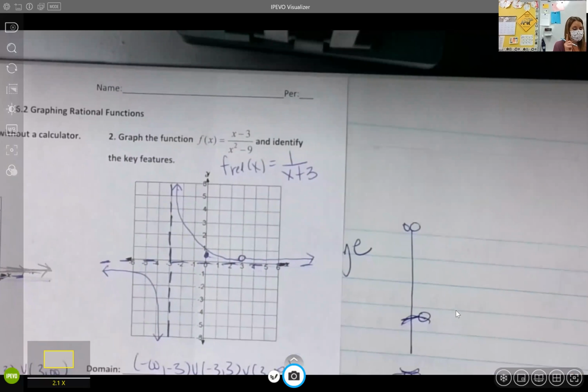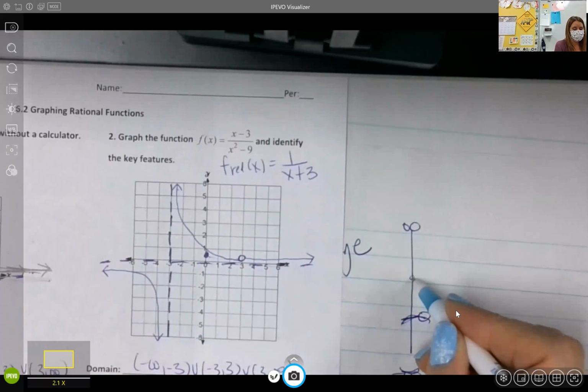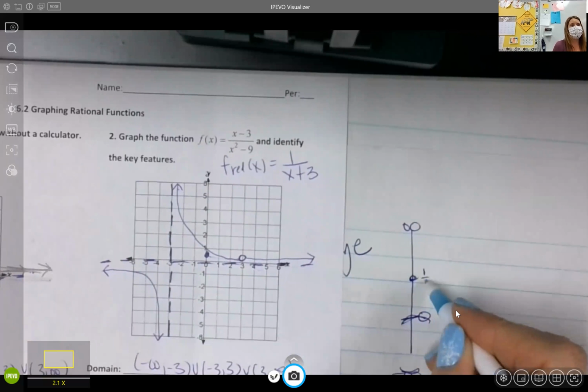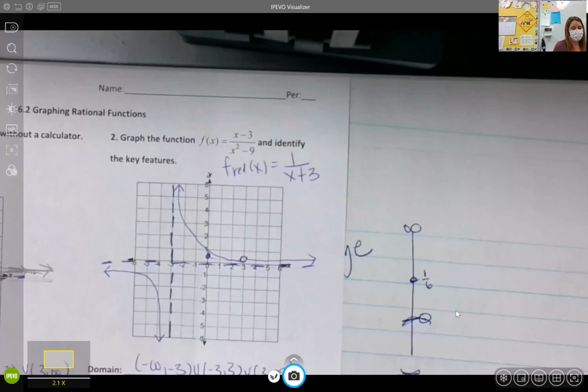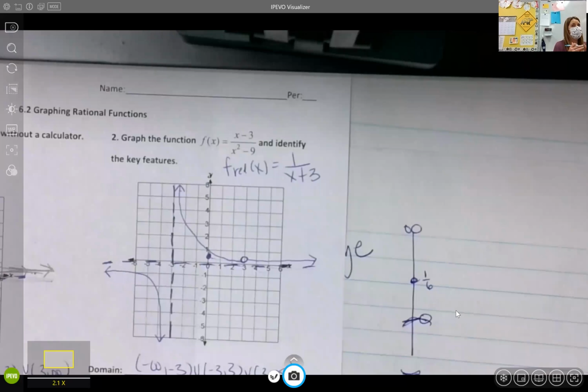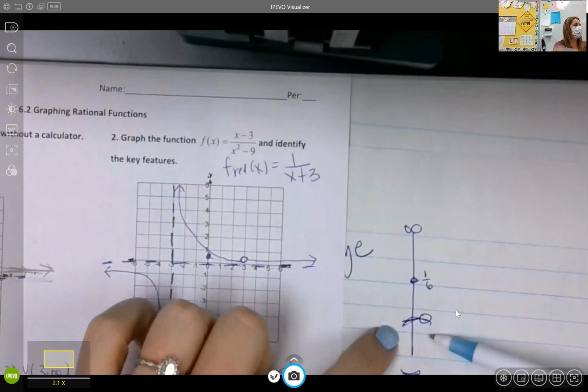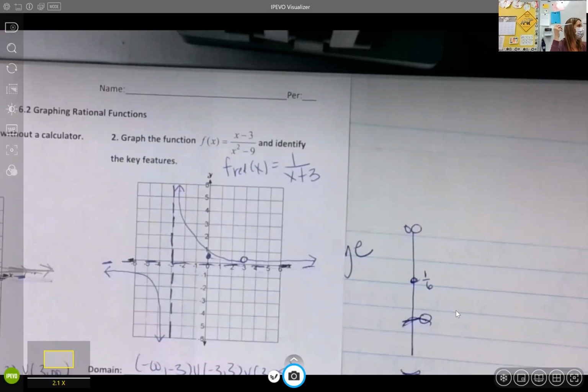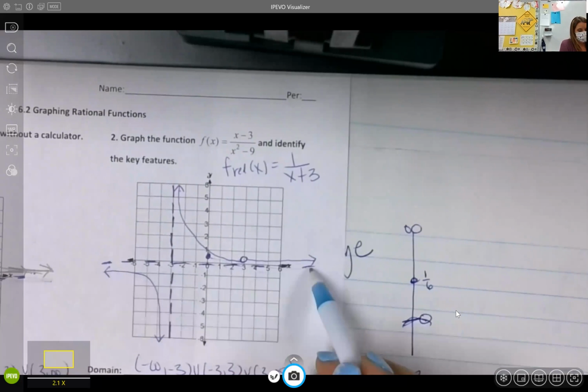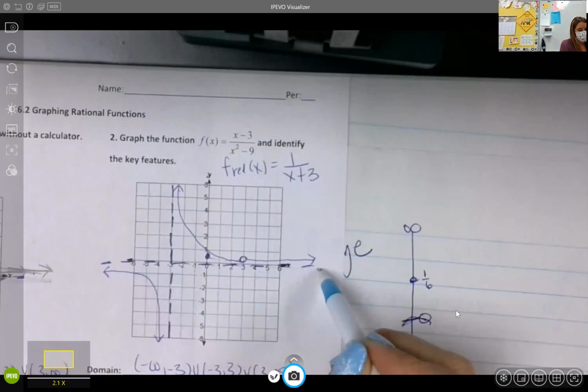Okay, and then this is the tricky part on this one. We have a hole right here at 1/6. Right, this is the y value. So I'm looking at y values now. So this range is going to go from negative infinity to 0, and then 0 to 1/6, and then 1/6 to infinity. It's going to stop at those two places. But if I look between here and here, this is 0, right? And this is 1/6. There are values in between there.